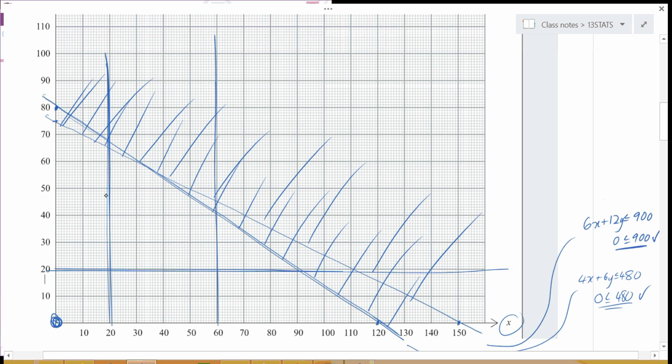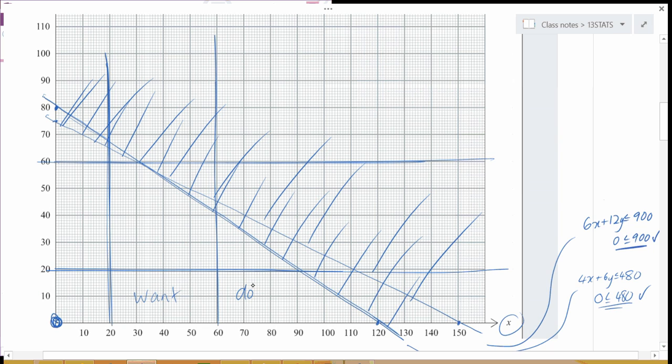There we go, and one line at 60. I really have to stress the importance of being accurate, and you know, it's hard when I'm trying to model it on a touch screen, but when you guys have paper you should have a much better chance of modelling it.